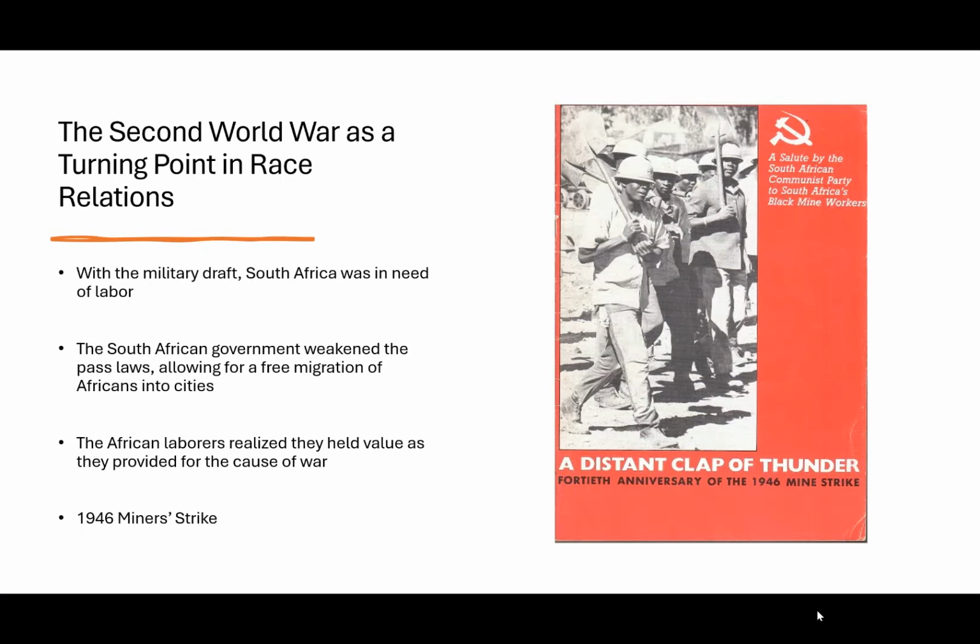And this is where the National Party is really going to synthesize the African protest movement with communism. Yes, communists were part of the miners' union as the miners struck. Instead of being perceived as a racial element, the Afrikaner government is going to push it as a communist aspect.